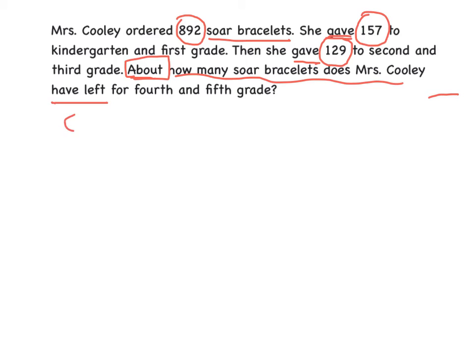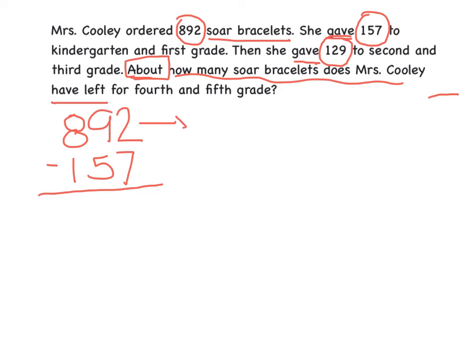So I'm going to bring my first number down, 892 sore bracelets. And then I'm going to bring my second number, 157, down. I'm going to write my subtraction symbol and my equal sign. I'm going to draw my arrows. And I'm going to round 892 to the greatest place value, which is going to round to 900.